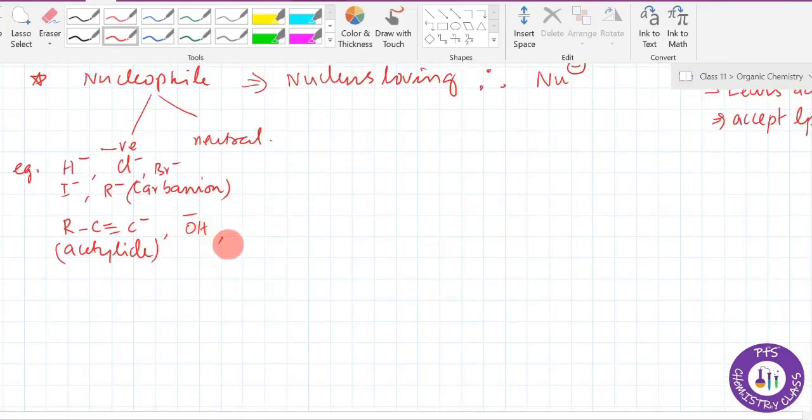OH minus, SR minus, the thio group, and C6H5O minus. If you remove a hydrogen from phenol, it's called a phenoxide ion.